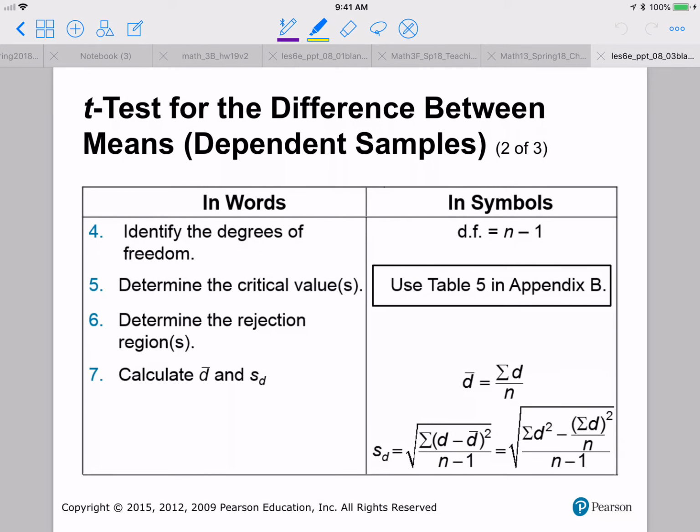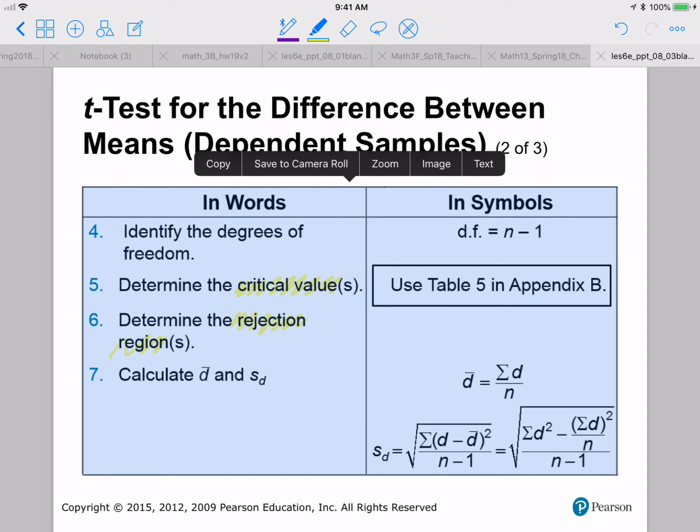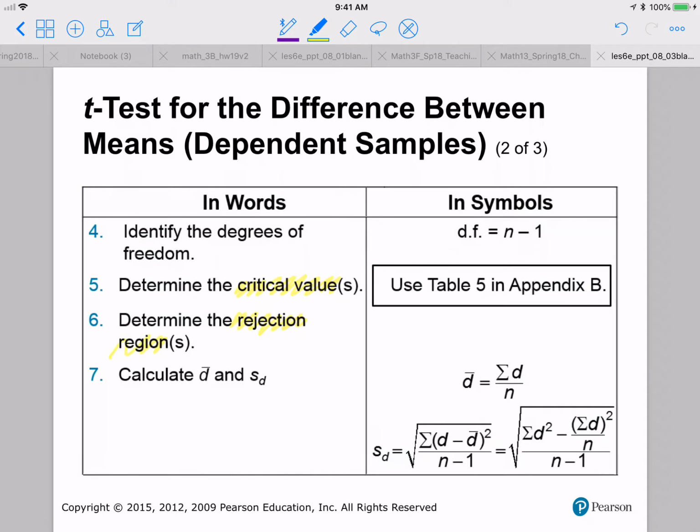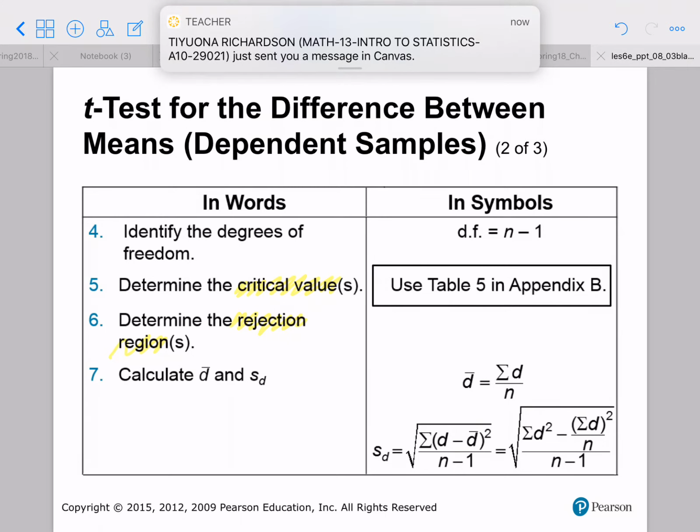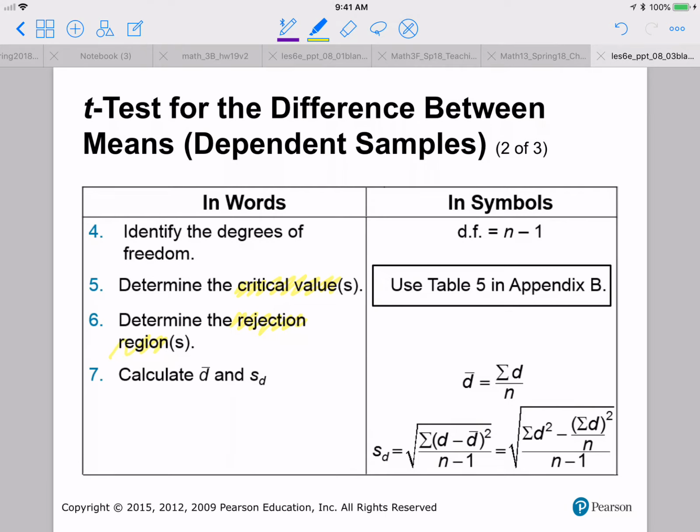And then after that, now this 4, 5, 6, and 7 is assuming that you are doing the critical value and the rejection region method. So if you're doing the critical value and rejection region method, then you determine your critical value. That's going to be based on the degrees of freedom and your alpha, right? Your rejection region is going to be based on whether you are using left-tailed, right-tailed, or two-tailed tests.